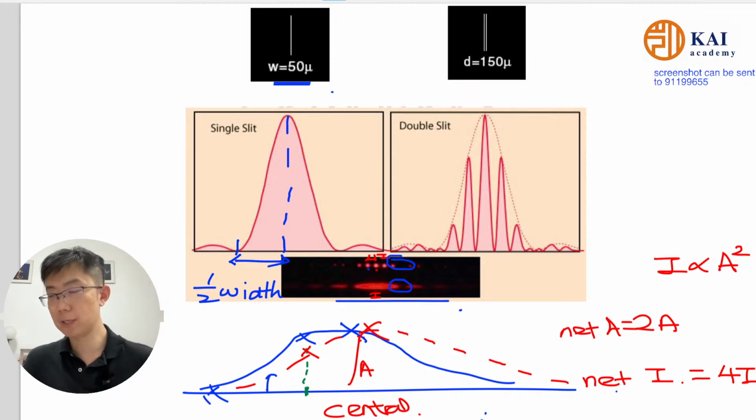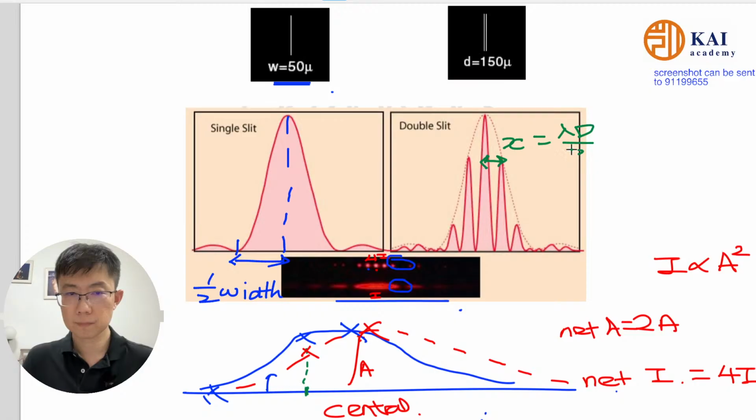Next, which we have already done, I'm going to find the distance between two maxima of the double slit pattern, which we have also found. Then geometrically, I'll just divide the two. I'll take half width, divide by x. Why do I do that? The moment I do that, I will then know which maxima is the one that falls at the minima location.